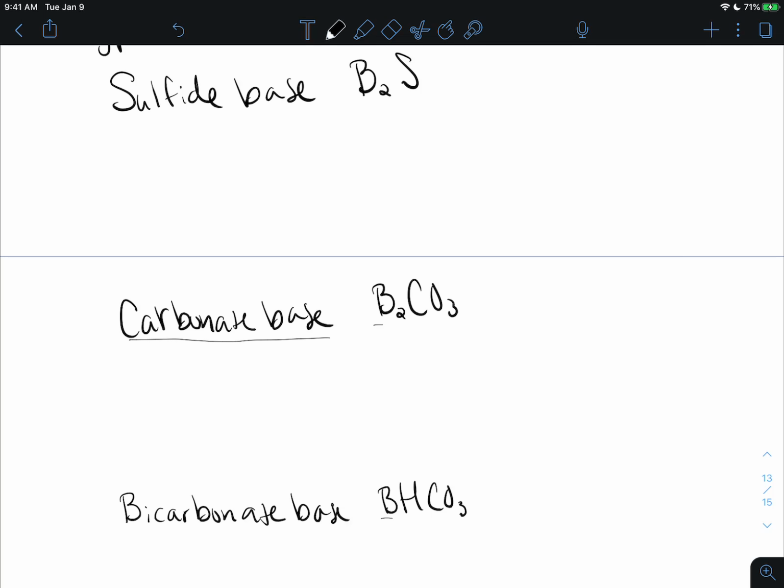Okay, let's start with our sulfide base. We're going to do just a general reaction. So assuming that all of our counter anions and cations are plus or minus 1, besides the sulfide, we would have HA plus B2S, and we need 2 acids for the 1 sulfide base because of that 2 minus charge. Then they'll combine to produce H2S, which is a gas, and we'll produce a salt.